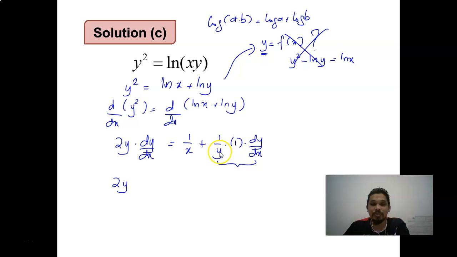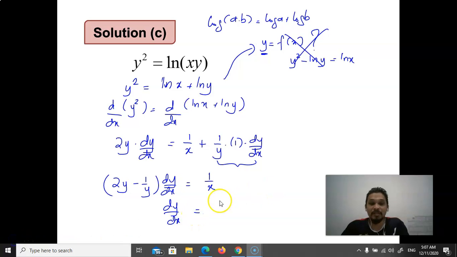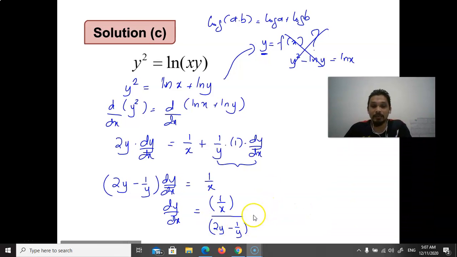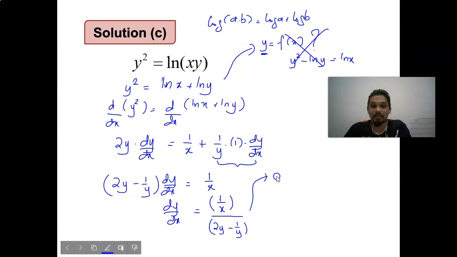So what we have here is 2y minus 1 over y, dy dx equals 1 over x, and then dy dx equals 1 over x divided by 2y minus 1 over y.